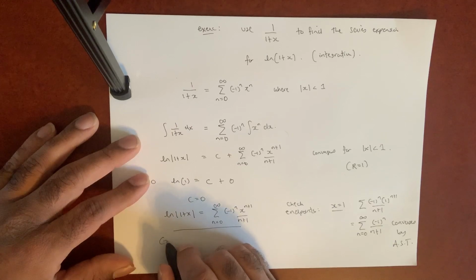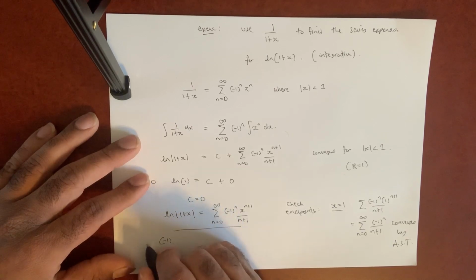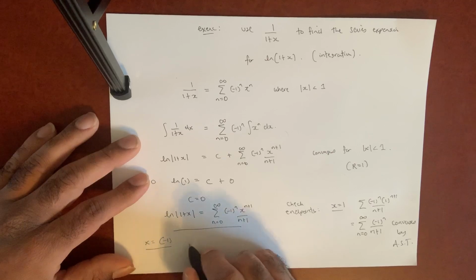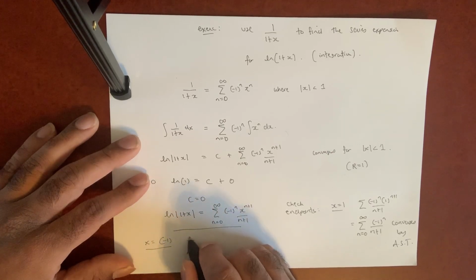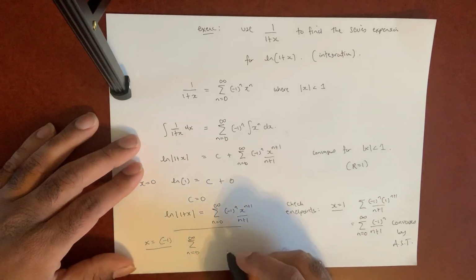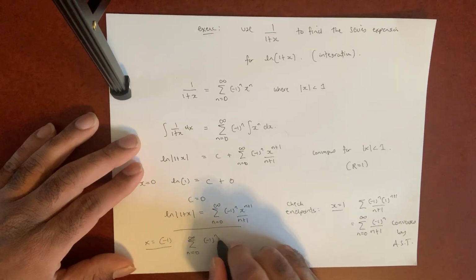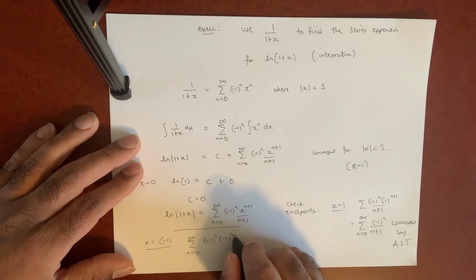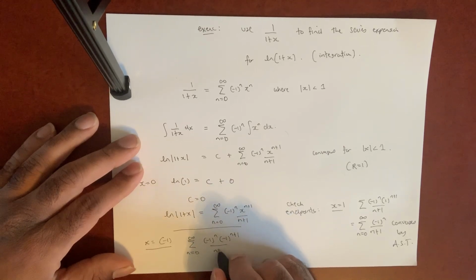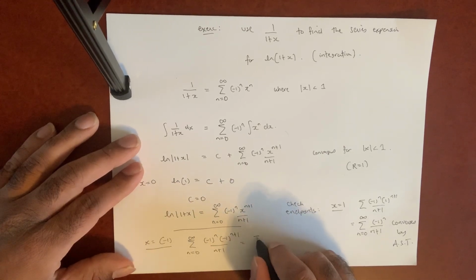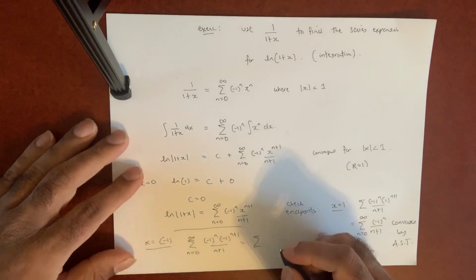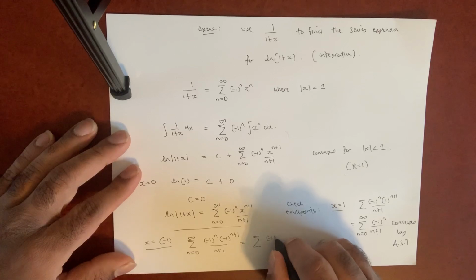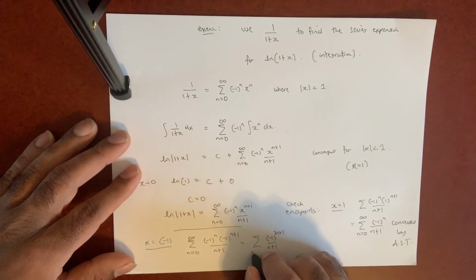However, if we plug in x equals negative 1, then we get the following. N equals 0 to infinity, and then we have a negative 1 to the n, and a negative 1 to the n plus 1 over n plus 1. That's going to give us negative 1 to the 2n plus 1 over n plus 1.